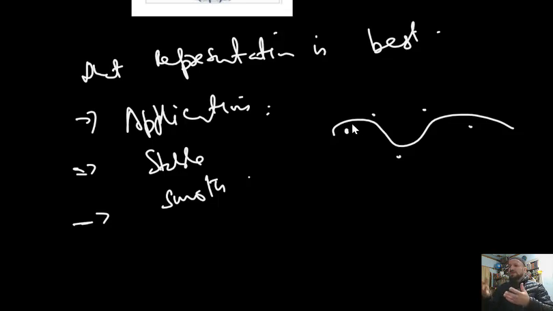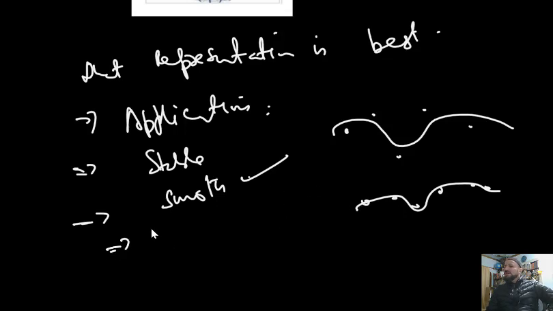So maybe you will choose a curve that is near those control points, or a curve that is exactly on those control points. The closer the curve is to the control points, the smoother it will be. So you will choose the representation which gives us smooth and stable curves.